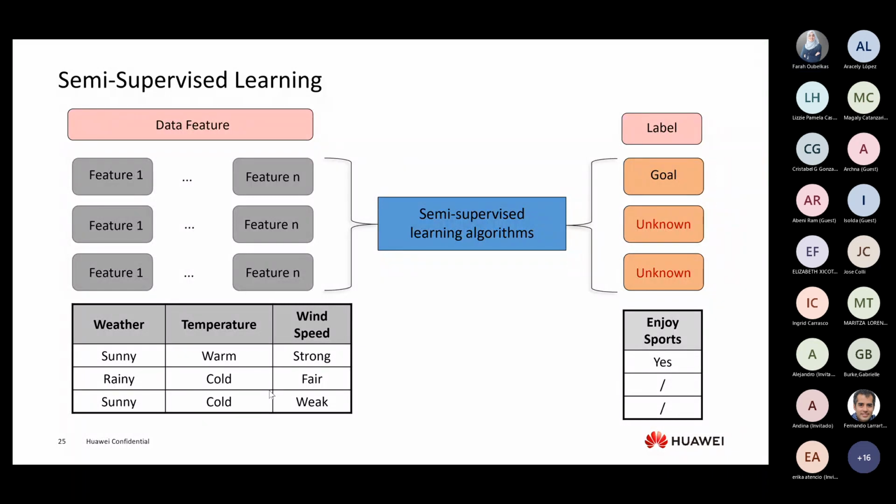So, for example, here they labeled the first row, sunny, warm, and strong, and they said enjoy sport, yes. So this is labeled, and then we have two rows that are unlabeled.